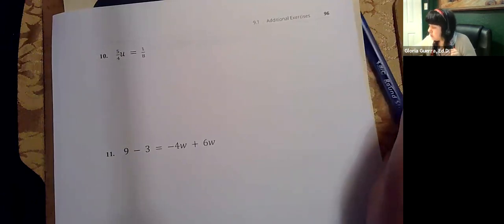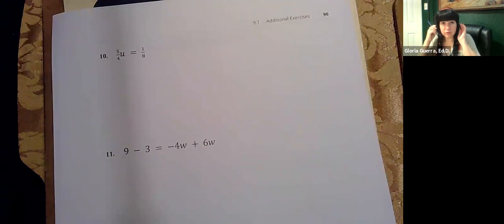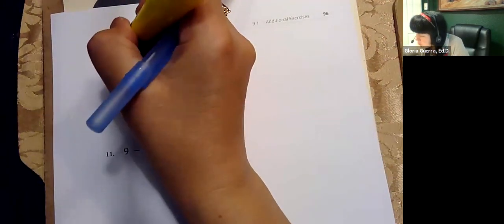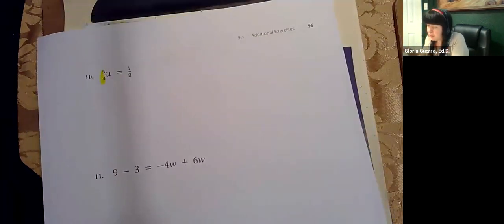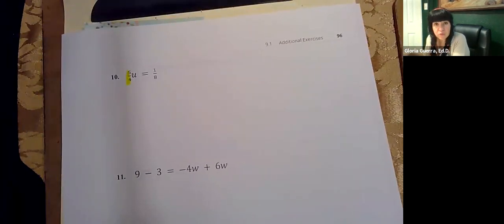Okay, so let's look at 10. 10 also has a few fractions here. 5/4 u equals 1/8. So you want to solve for u, isolate u, get u by itself. You need to work with that 5/4, and that is a fraction coefficient.